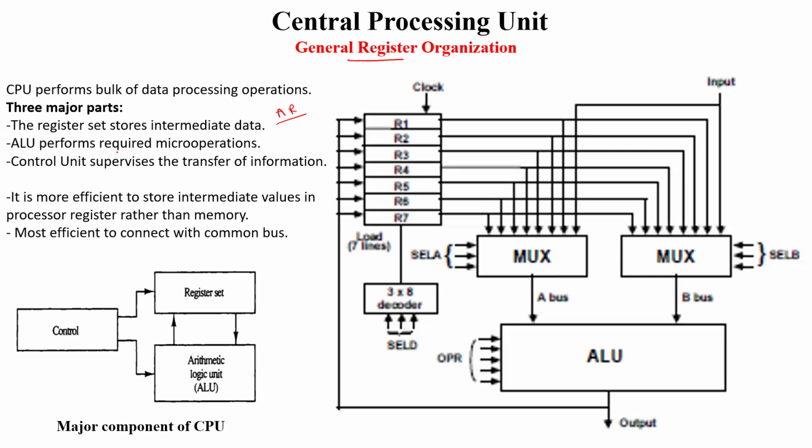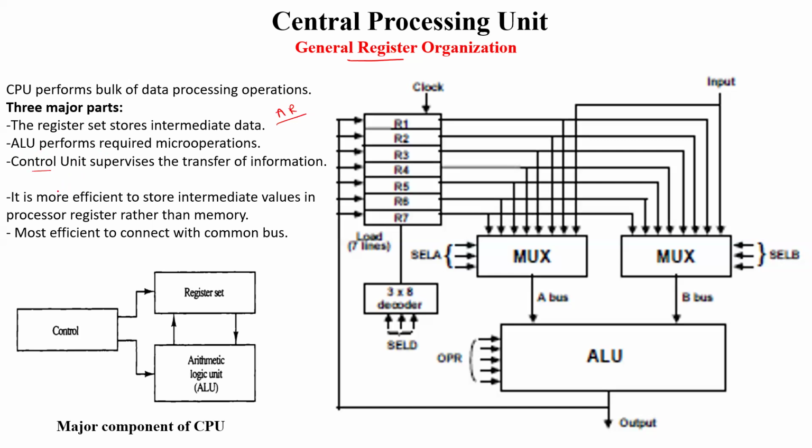And the ALU, the arithmetic logic unit, performs the required micro operations, whether arithmetic micro operations, logic micro operations, or shift micro operations. Mainly the ALU is arithmetic and logic, but along with it we have an arrangement for shift micro operations also. The entire activity is supervised by the control unit.